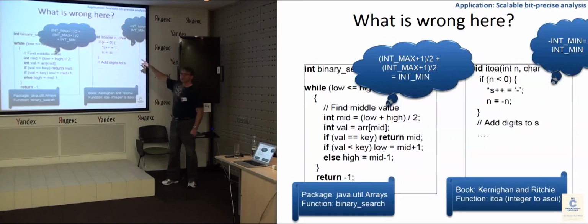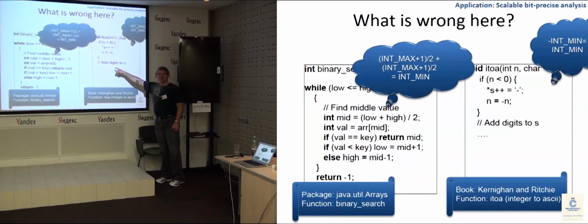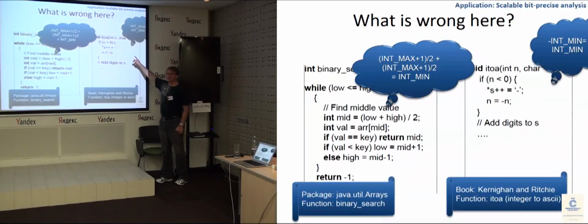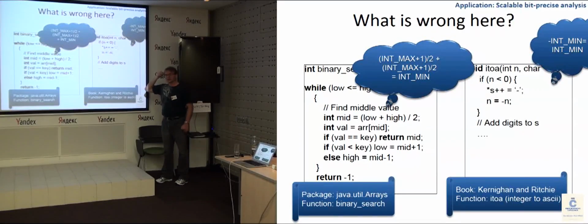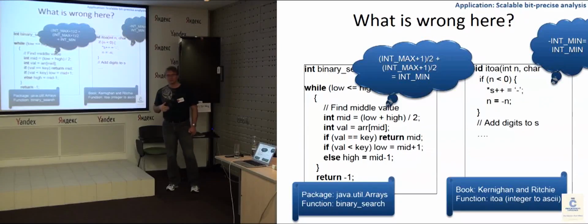It starts out: if the integer is less than 0, then append a minus sign to the output string, and then negate the integer. Now if the integer is int min, which is the bit string of all zeros after the leading one, so it's minus 2 to the 31, if you negate minus 2 to the 31, you expect to get plus 2 to the 31, right?